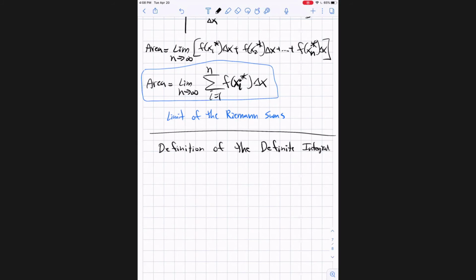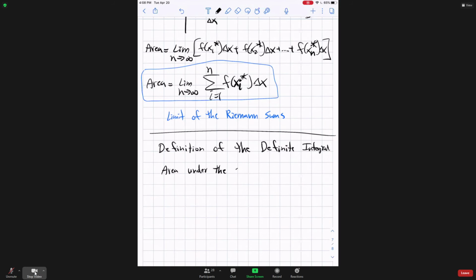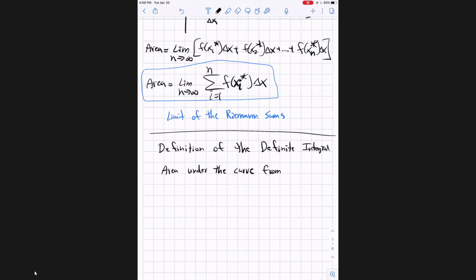If you want to find the area underneath the curve from a to b, all the way down to the x-axis, it can be denoted as this: the integral symbol, which is like a stretched out S, with a little a underneath and a b above it, of f of x dx.